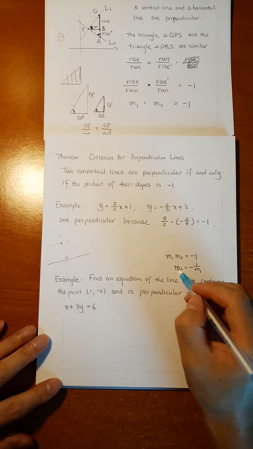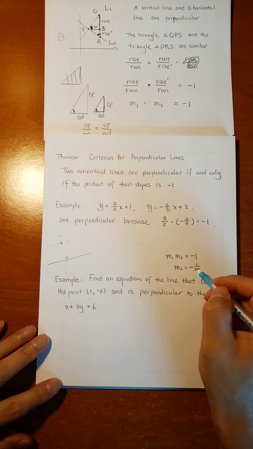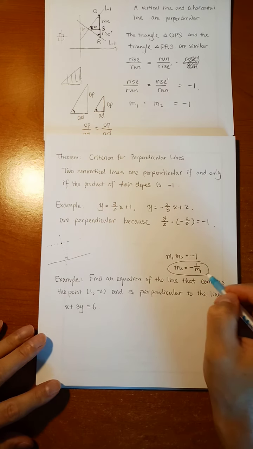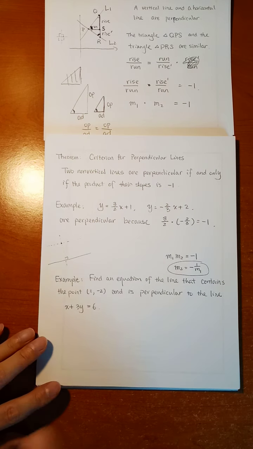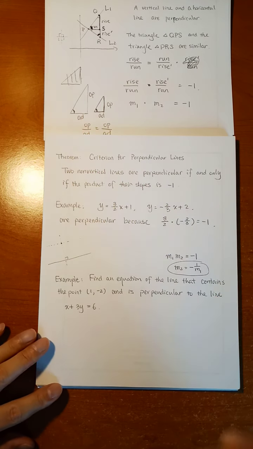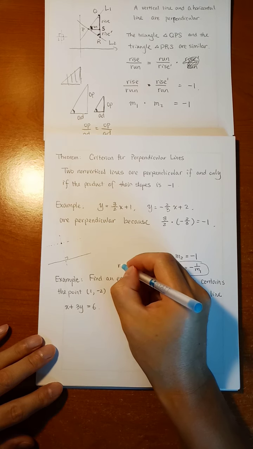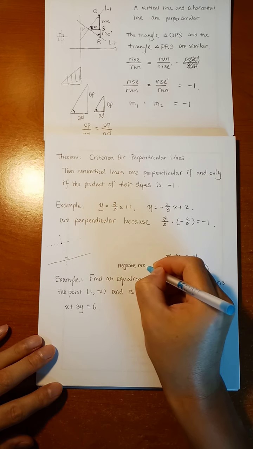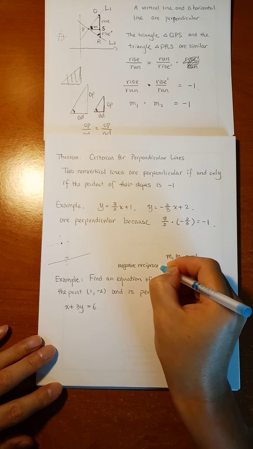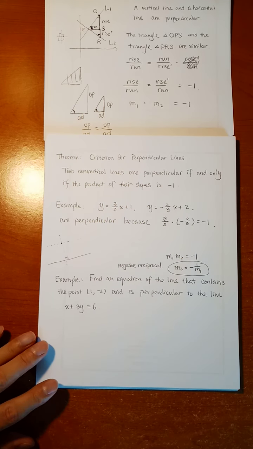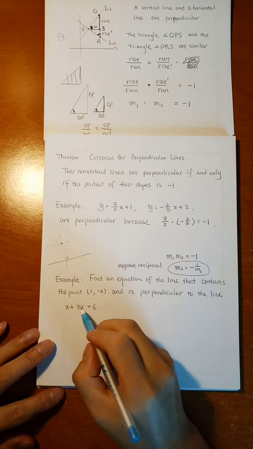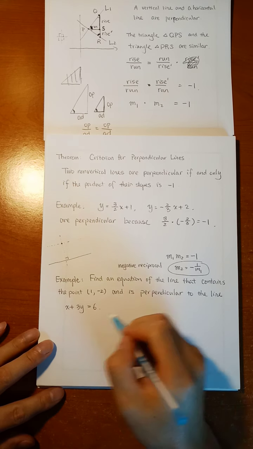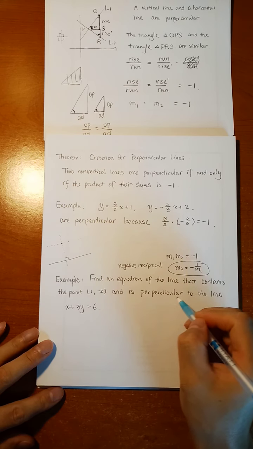So one slope is the negative reciprocal of the other. This is a condition you may use. They are negative reciprocals of each other.